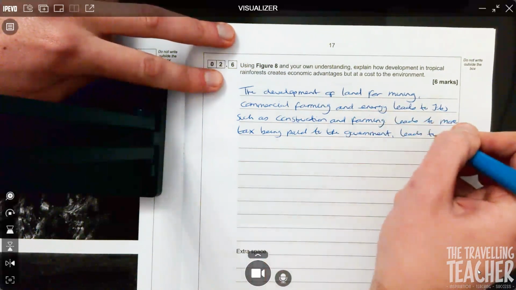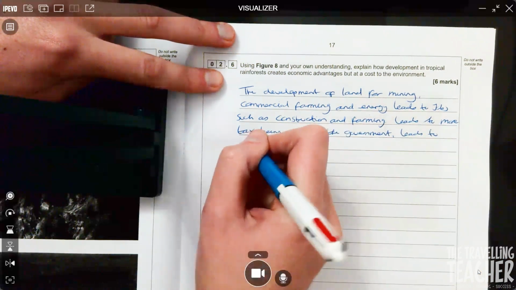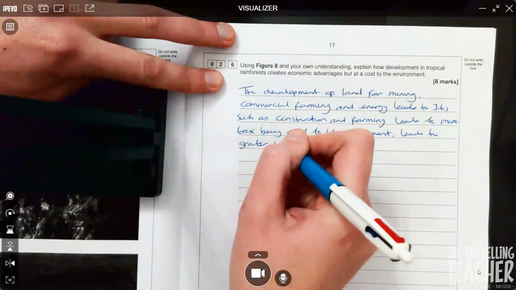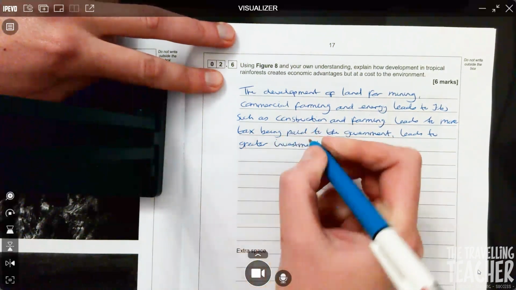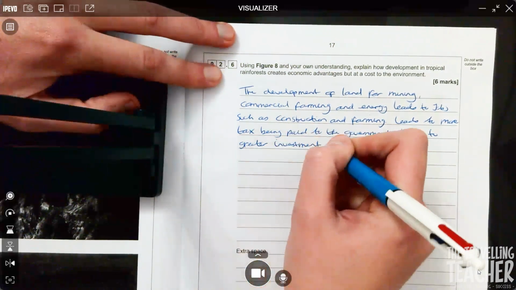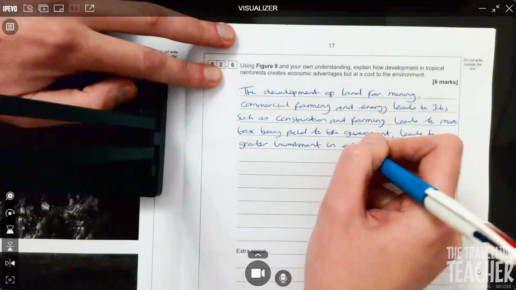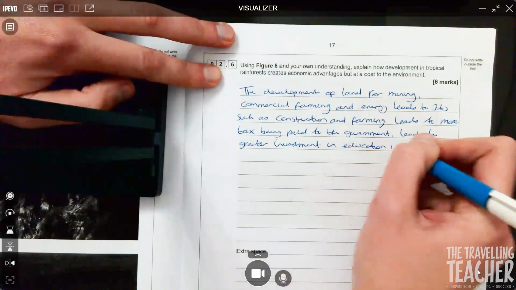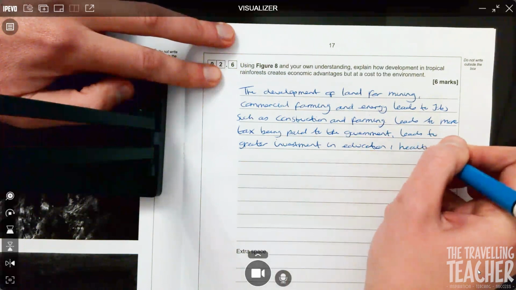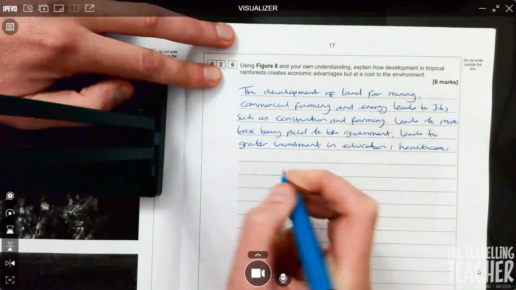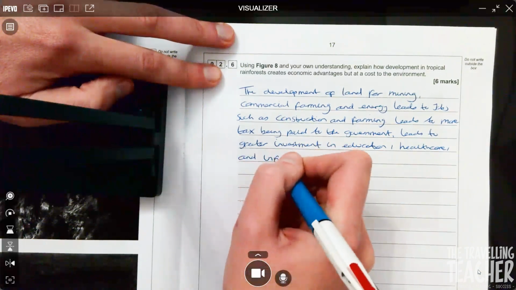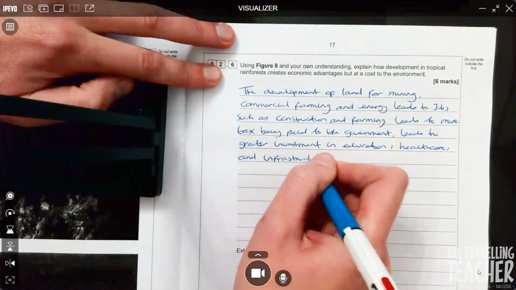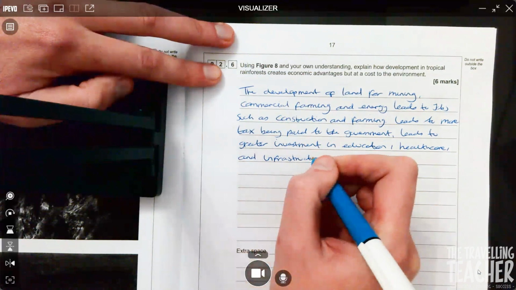This leads to greater investment in education, healthcare, and infrastructure. Full stop.